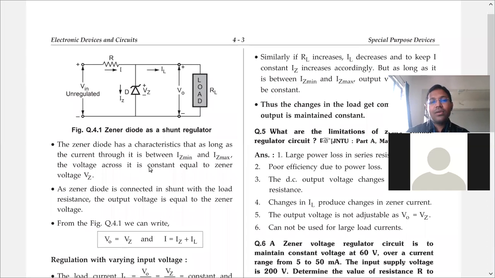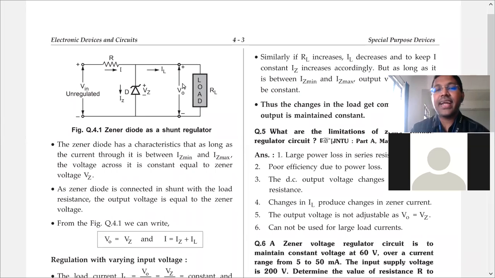So this is the circuit for the Zener diode as a shunt regulator. Now what happens in this particular circuit? As I told you, if the supply fluctuates, the output voltage is still maintained constant.